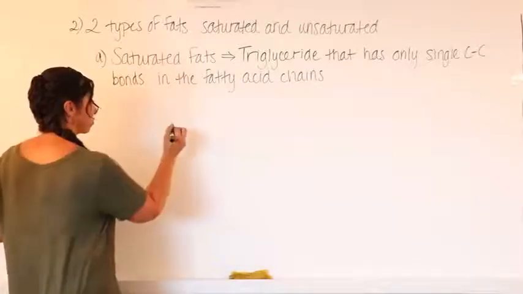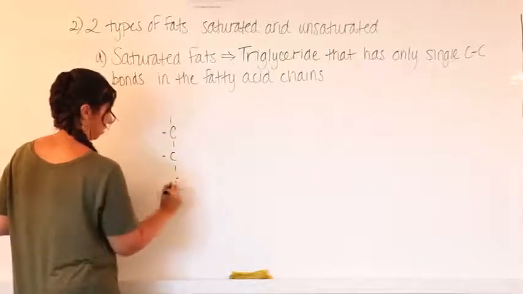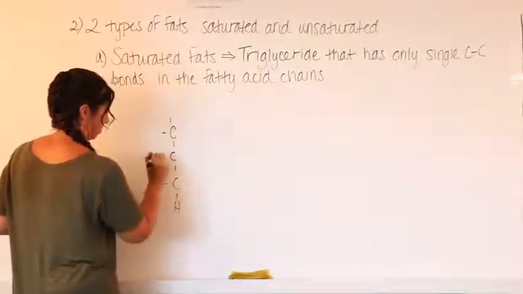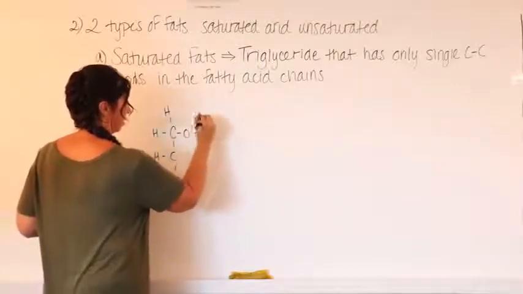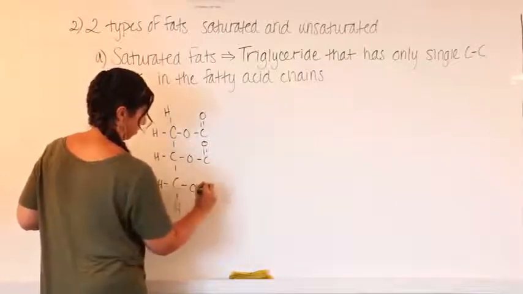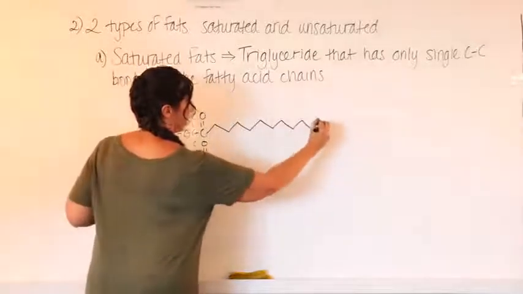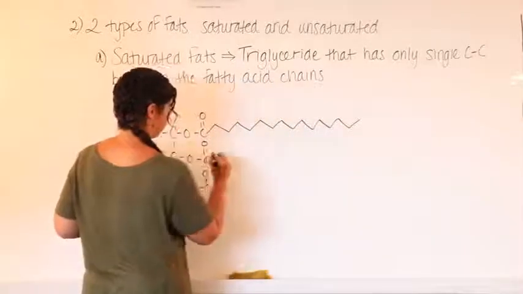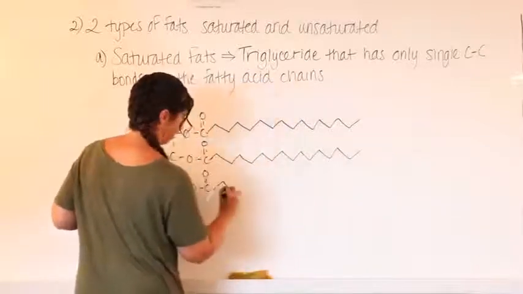So to draw one, I'm just going to quickly draw one and show you why. Remember, you have your ester linkage between the 2. Then you have your fatty acid chain, and I'm not even counting right here. I'm sure it's long enough.